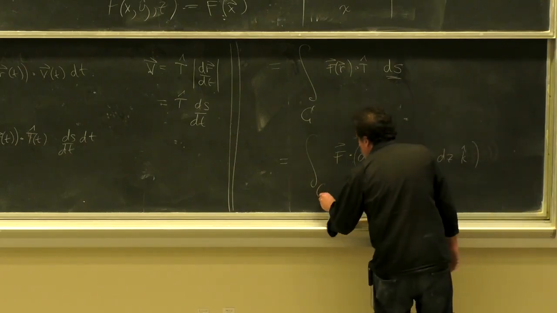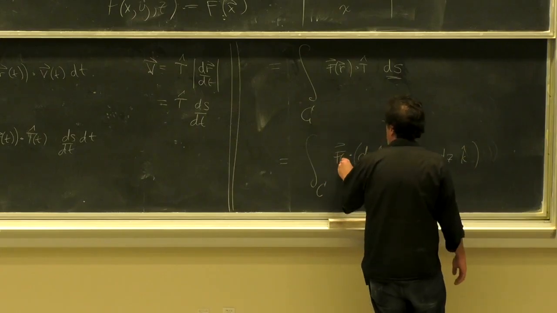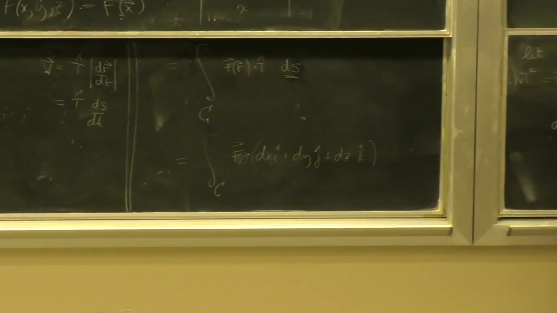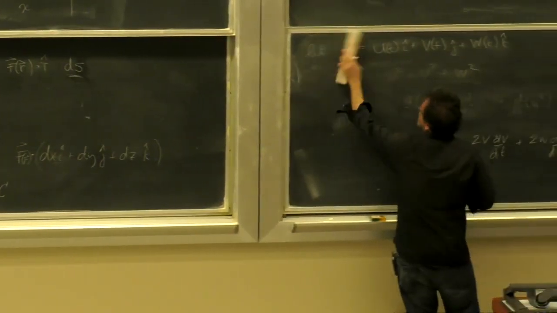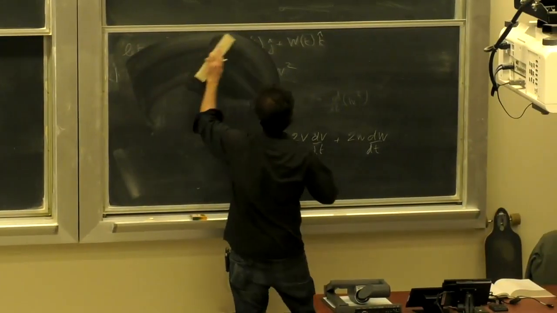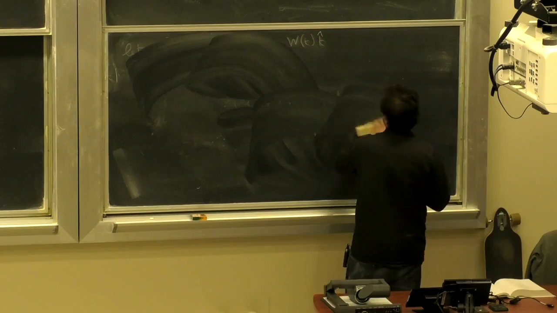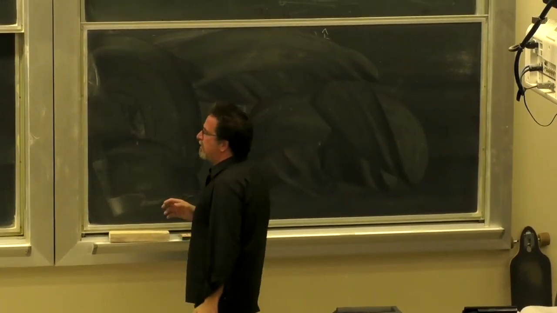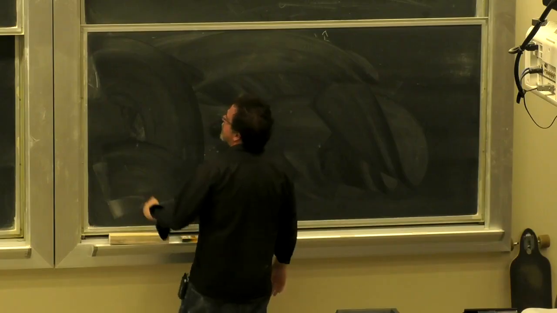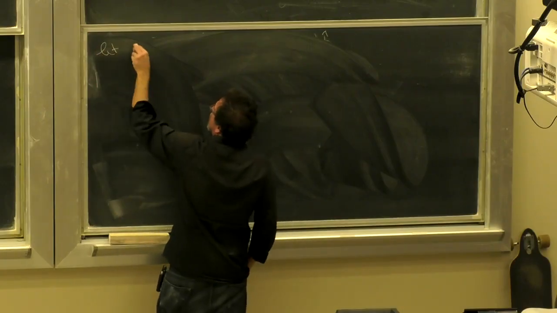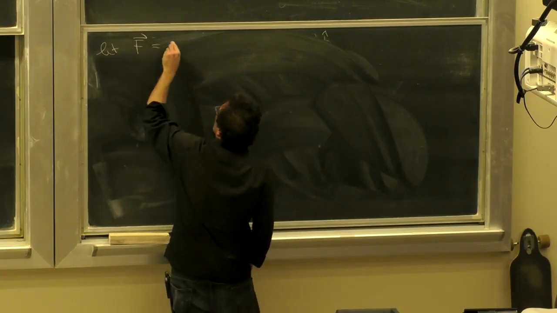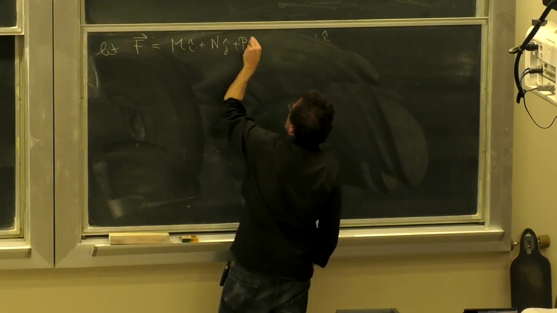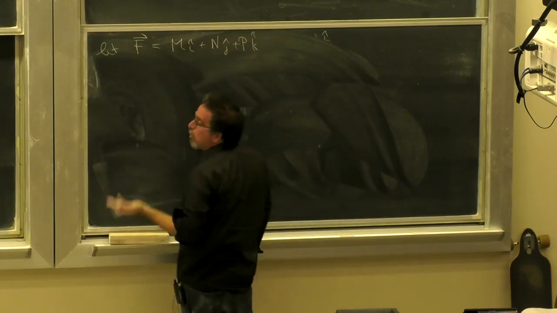And this is the integral along the curve of this quantity, where this is the function evaluated along the curve. And then the book completes it by saying let F equal M i hat plus N j hat plus P k hat, where these are the three components of F.